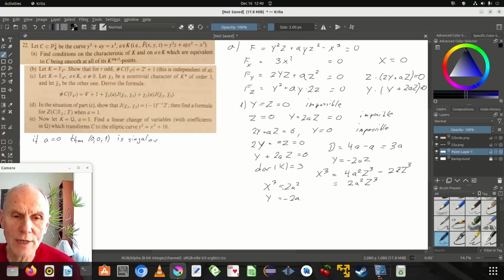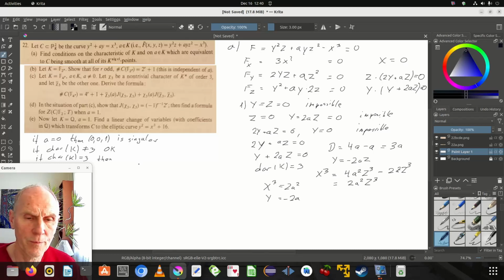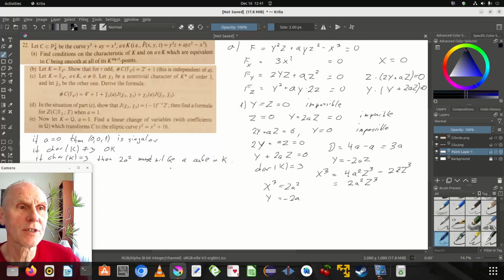So I guess the condition is that 2a squared is a cube, in characteristic k. That's my answer to question A.